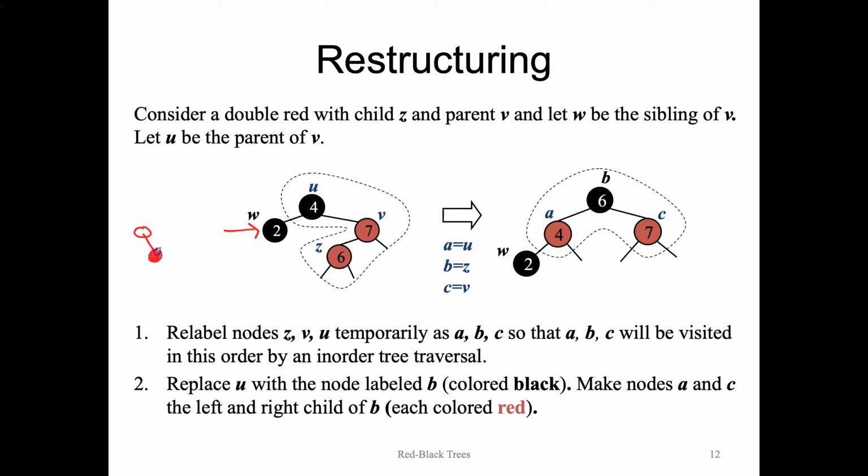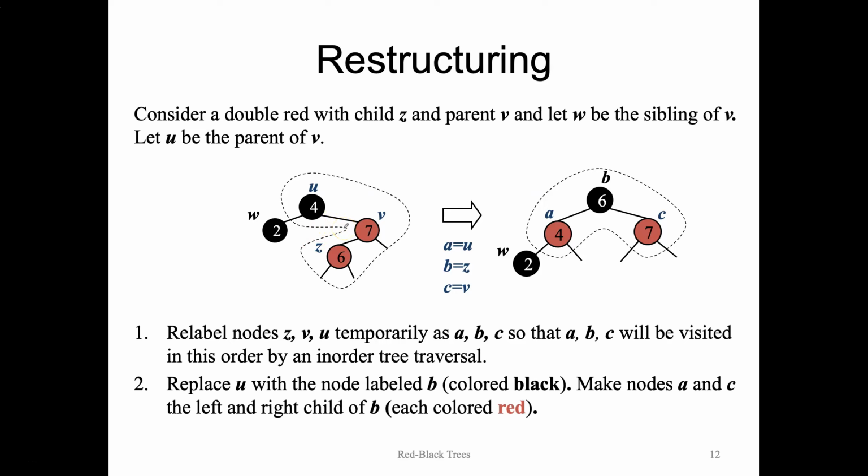I'm filling these with red because I only have a red pen to work with in PowerPoint. So maybe we have our double red there, and here's our black node and black node here. We have a few different cases of where that double red could be. Maybe this is a left child or a right child, or the parent is a left child or right child. I'm just showing one example here.